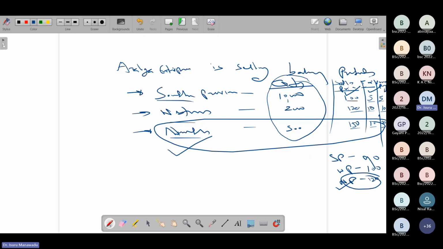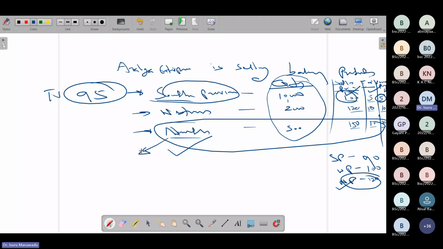In this example, Southern province is our principal market as per the volume, so the fair value of that market is 95. The principal market's fair value is 95, deducting transport cost from the selling price. The most advantageous market is Northern province, so from 150 deduct 20, which gives 130.